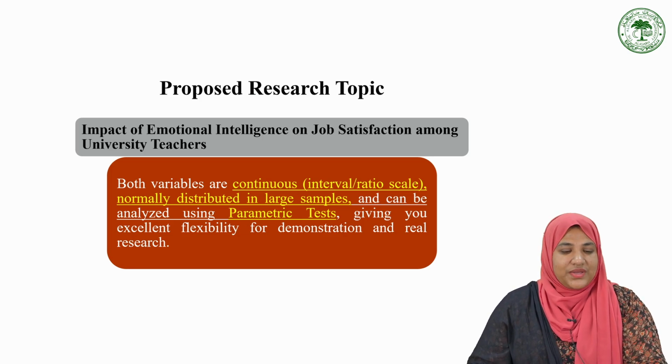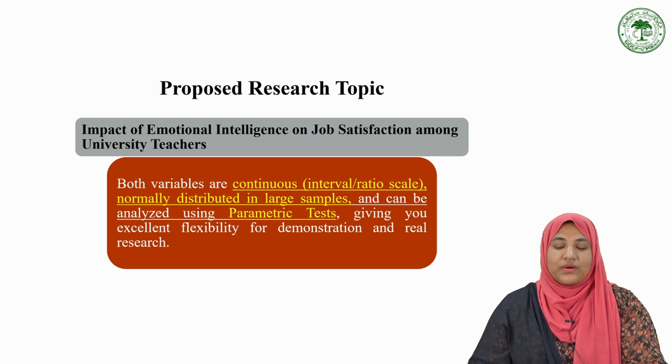Okay, so let's see what the title is: Impact of emotional intelligence on job satisfaction among university teachers. Here I am going to find out the impact, and the independent variable is emotional intelligence, and the dependent variable is job satisfaction, and my sample is the university teachers. I hope it is clear.